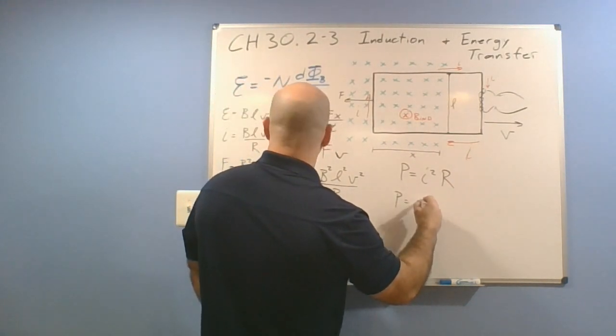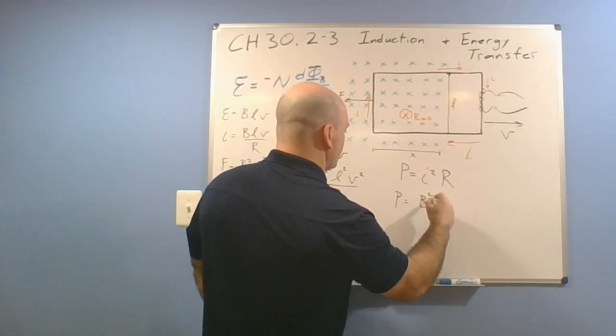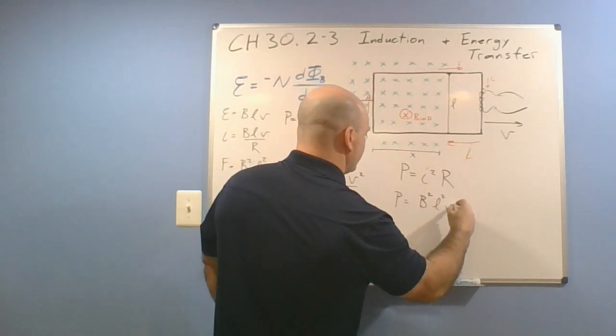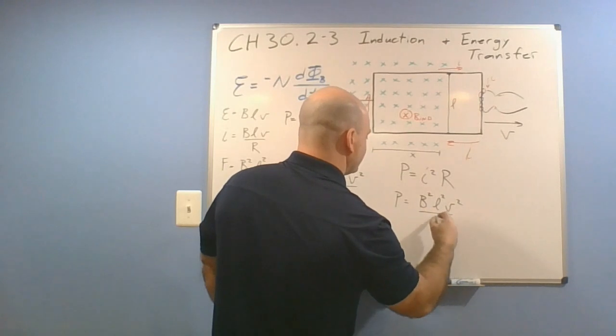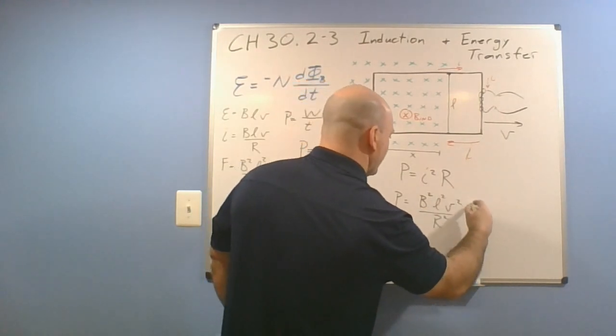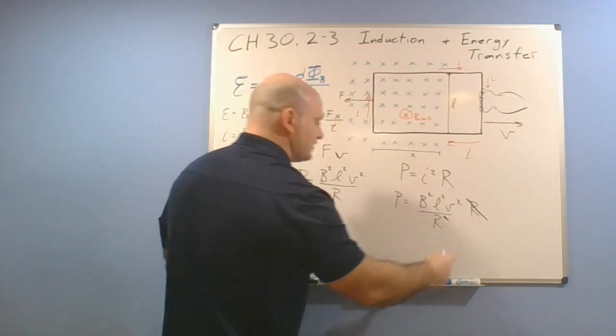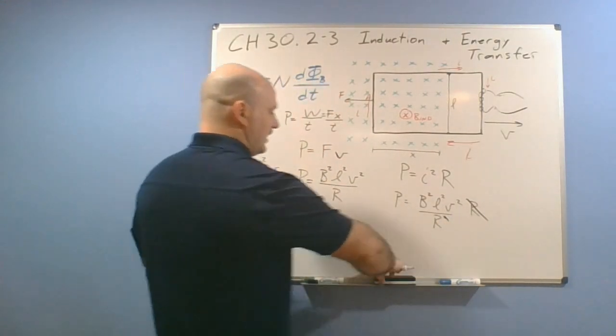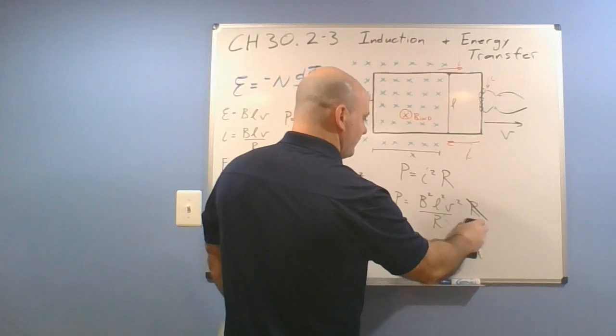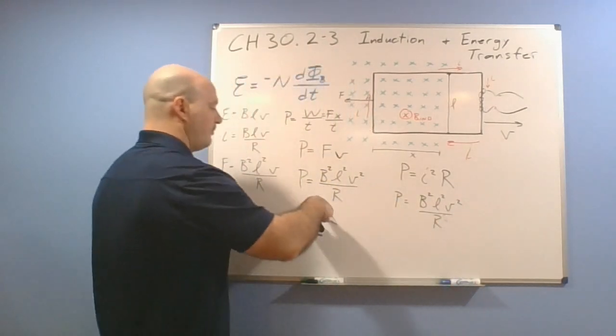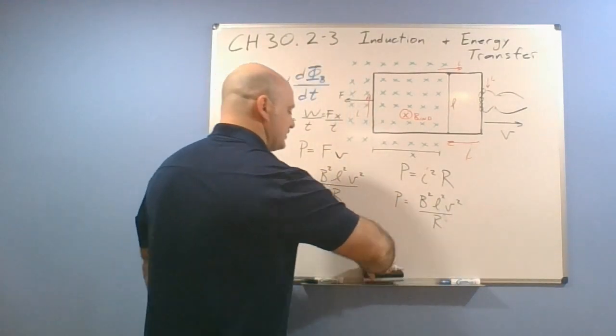I get the magnetic field squared, the length squared, the velocity squared over the resistance squared, and then I multiply by a resistance, right? This R and one of those R's cancel, and we end up with the exact same value of power based on those two definitions.